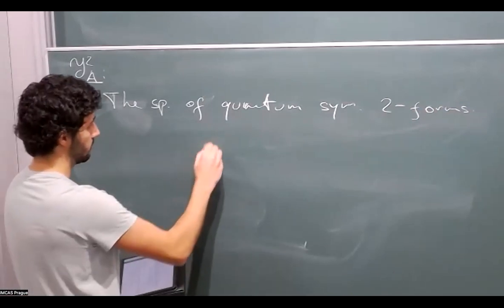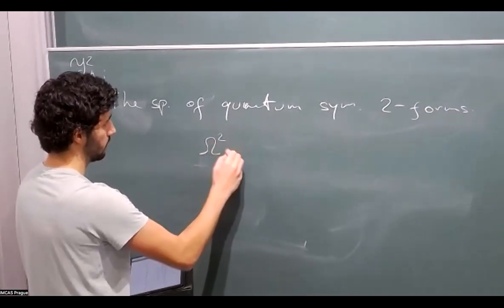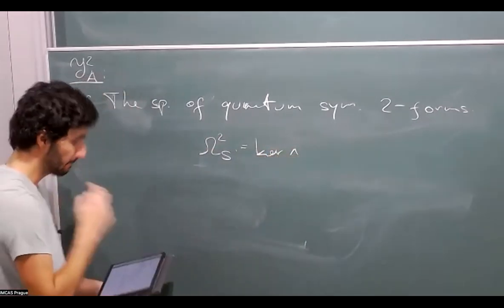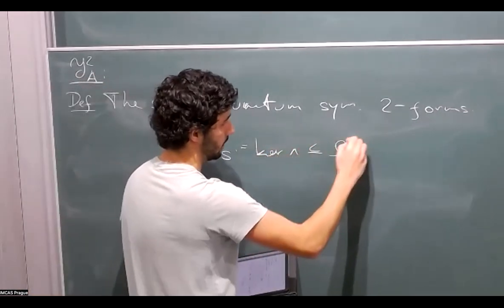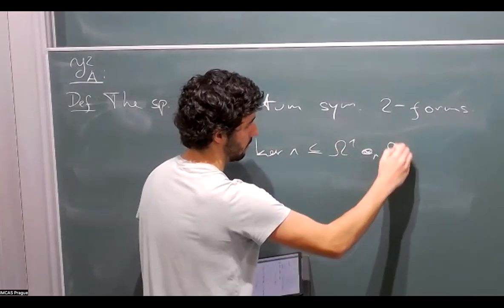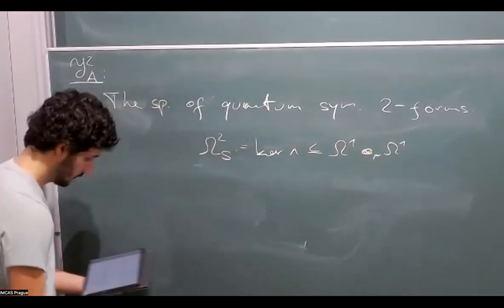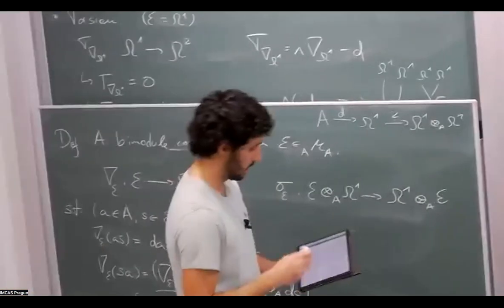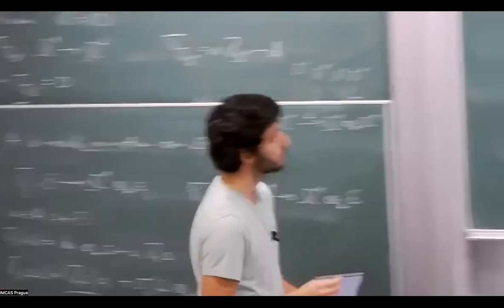We write this as omega 2s. It's just the kernel of the wedge, which is in omega 1 tensor A, omega 1.